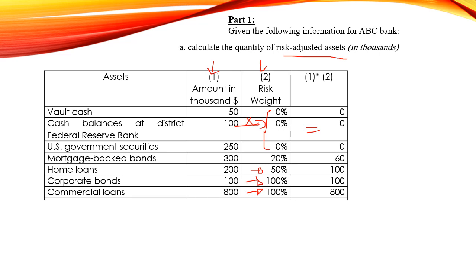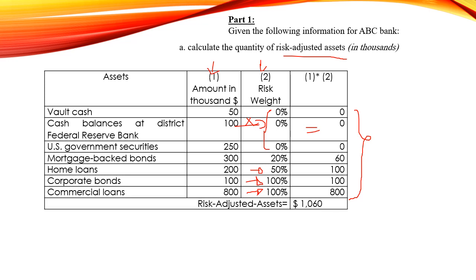At the end, we need to sum up these amounts and to find the value of the risk-adjusted assets, which is $1,060.